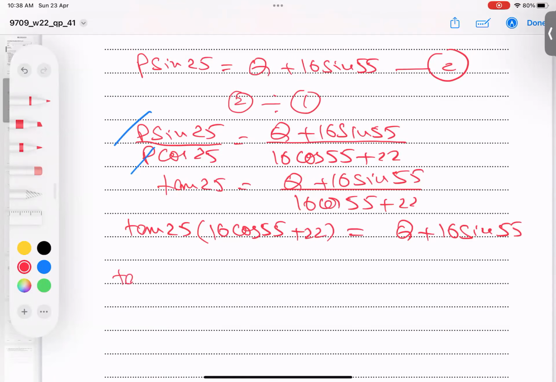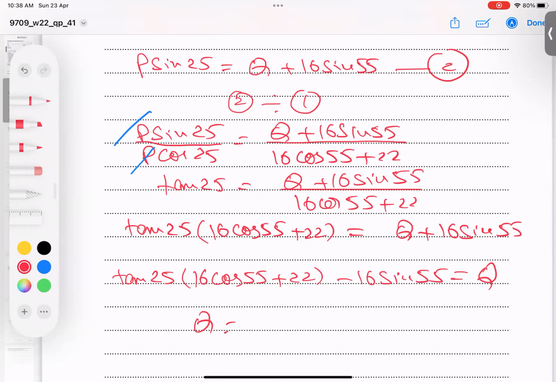So I'm typing: tan 25 in a bracket, 16 cos 55 plus 22, and minus 16 sin 55, equal to Q.